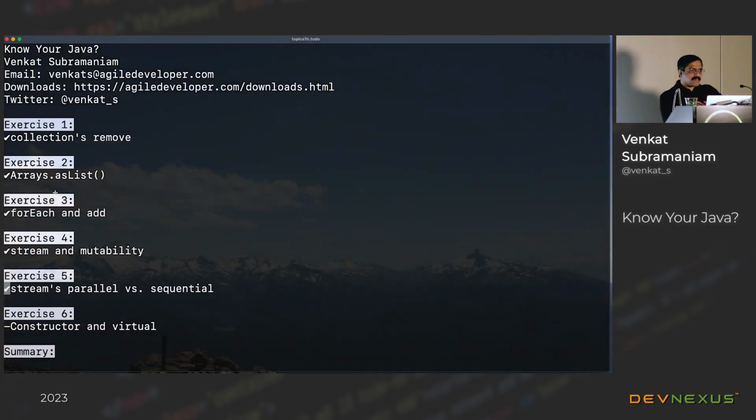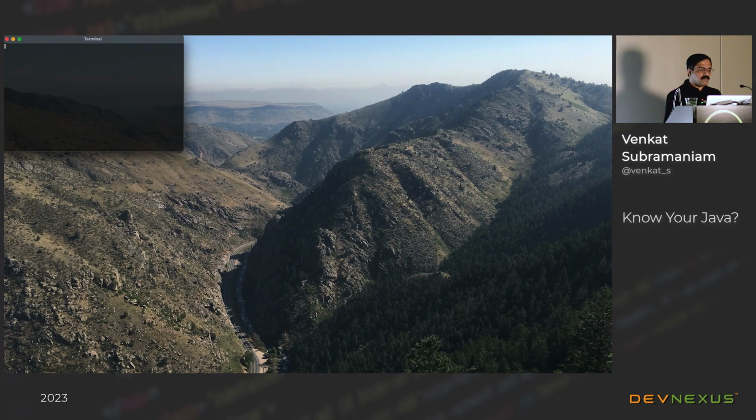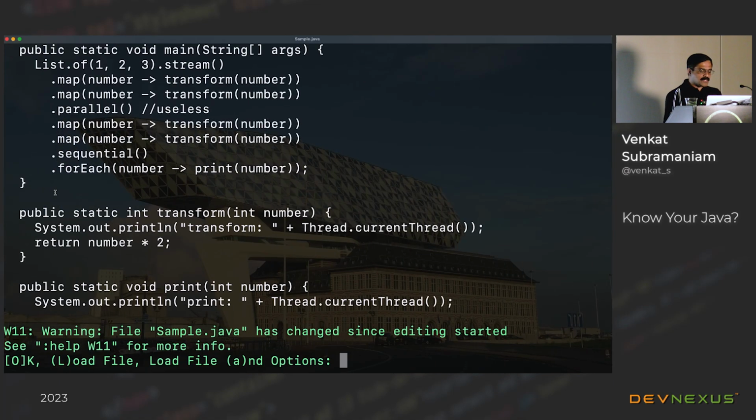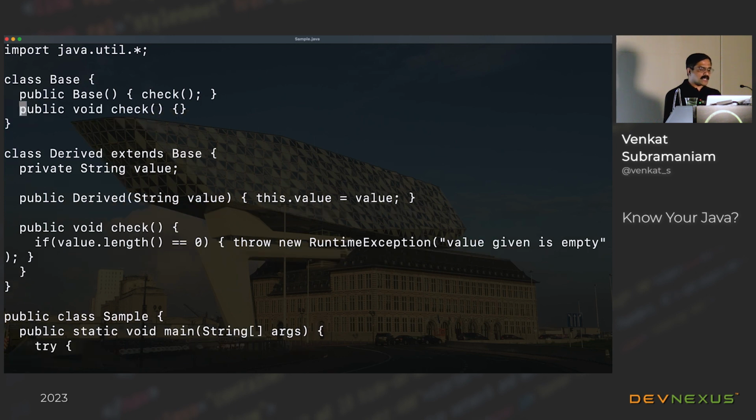So we looked at some of the streams and all those good stuff. But let's get back to something a little bit more fundamental that we have seen many times, but it's easier for us to miss. So here's a class called base, and the base class contains a constructor which calls check, and the check method doesn't do anything right now.